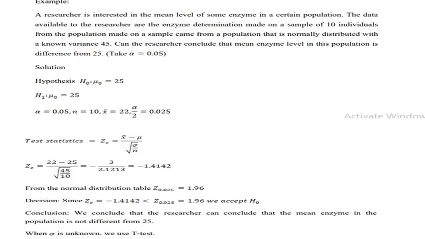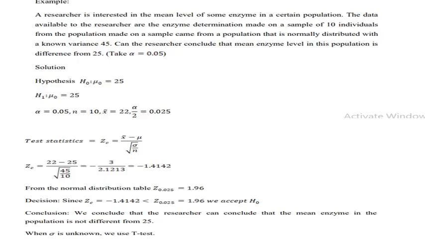When we are conducting statistical tests, the first thing we do is set our hypothesis. Our hypothesis is H0: mu naught equals 25, because from our question, what they asked us is whether the researcher can conclude that the mean enzyme level in the population is different from 25.